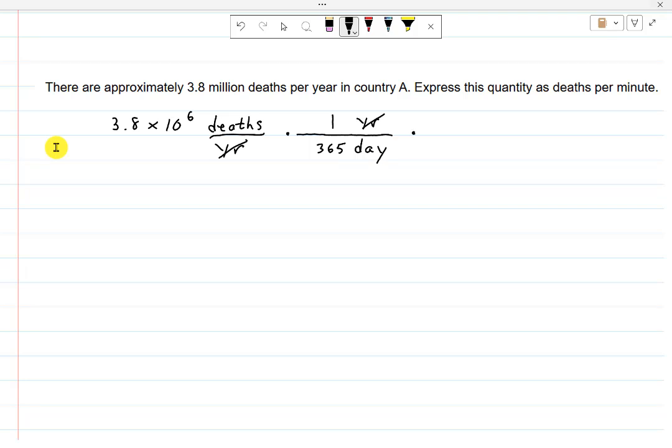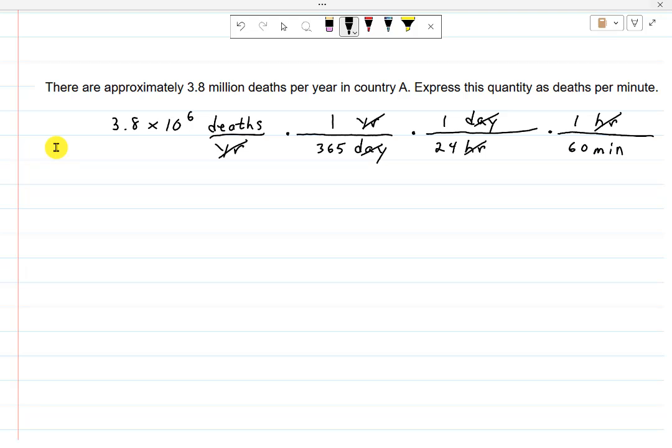Let me change days to hours. And the days are gone, and now we're in hours. My next step is to go to minutes, which is what they were asking us for. And so I'll put 1 hour at the top to cancel, and on the bottom I'll put 60 minutes.